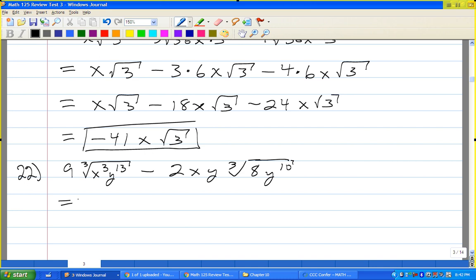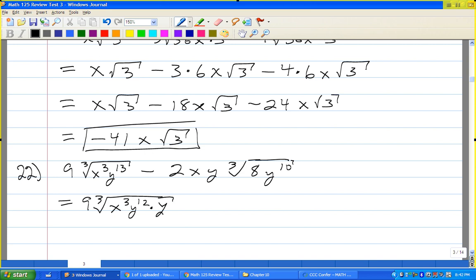Okay, so this is equal to, well, the cube root is okay. Let me write the cube root of x cubed y to the 12th times y.